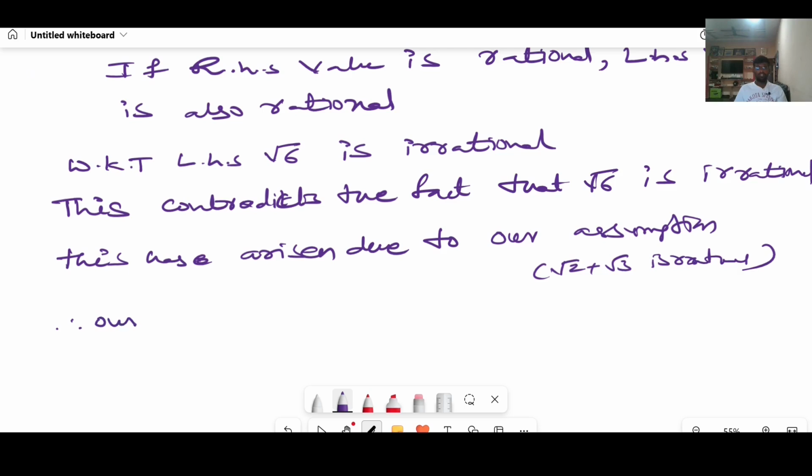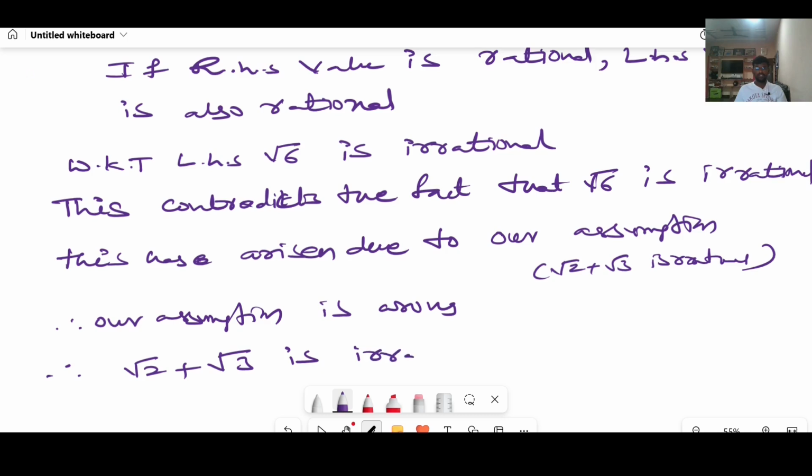Therefore, our assumption is wrong. What is correct now? Root 2 plus root 3 is irrational. Right? This is the proof.